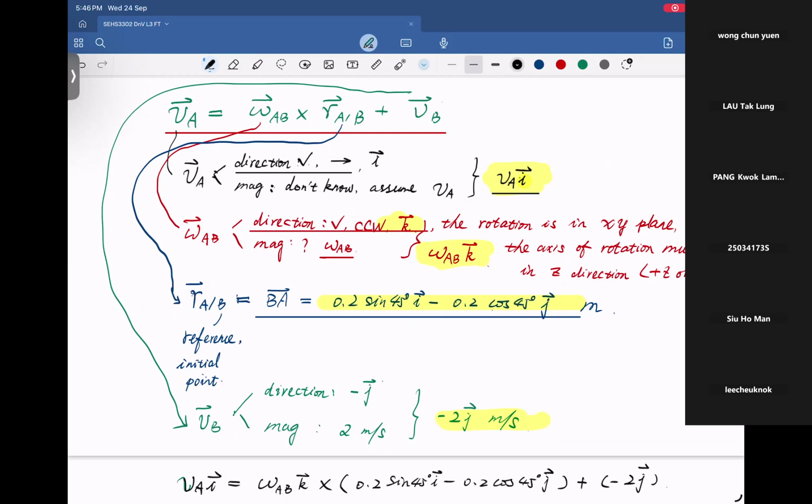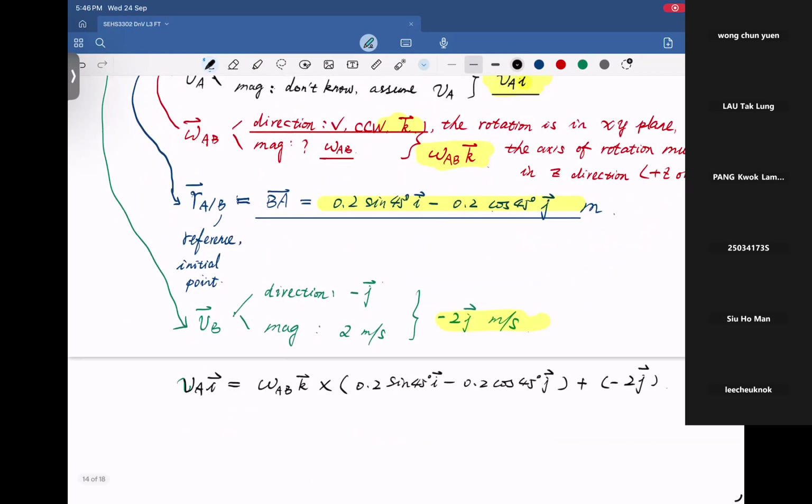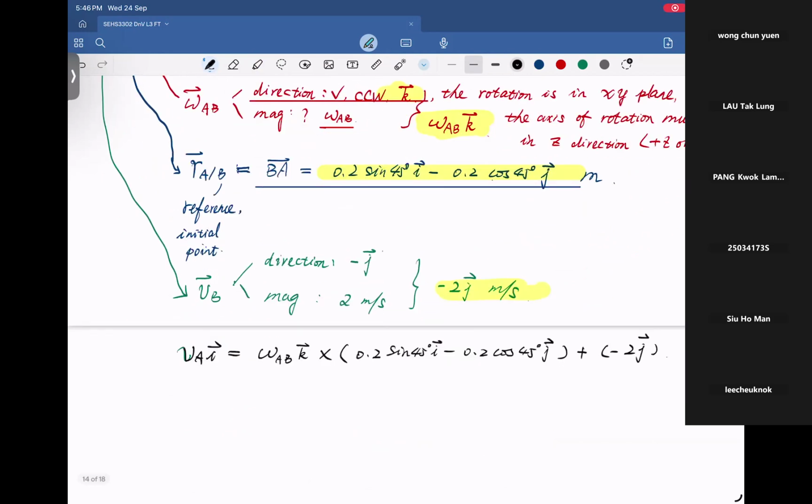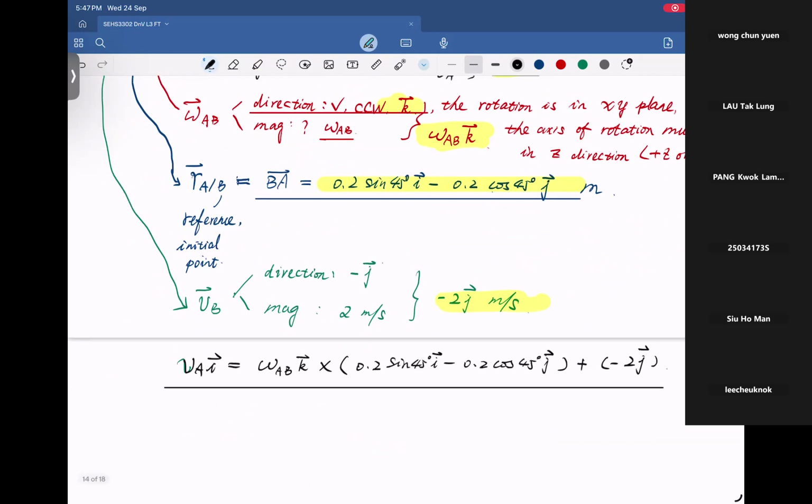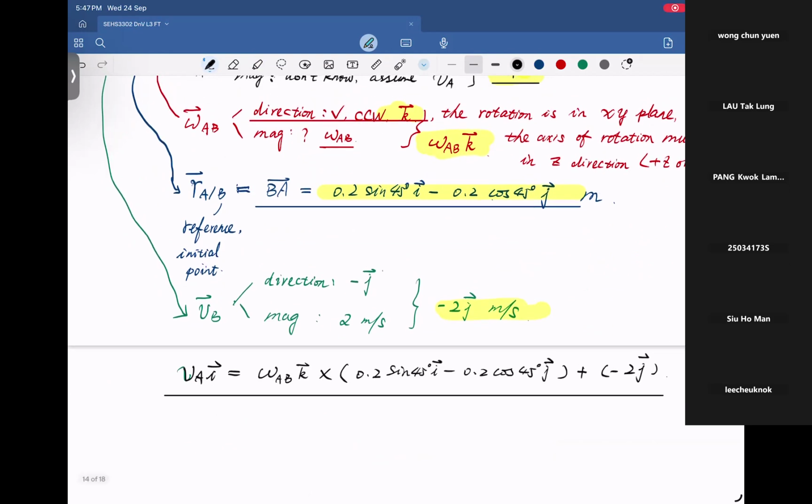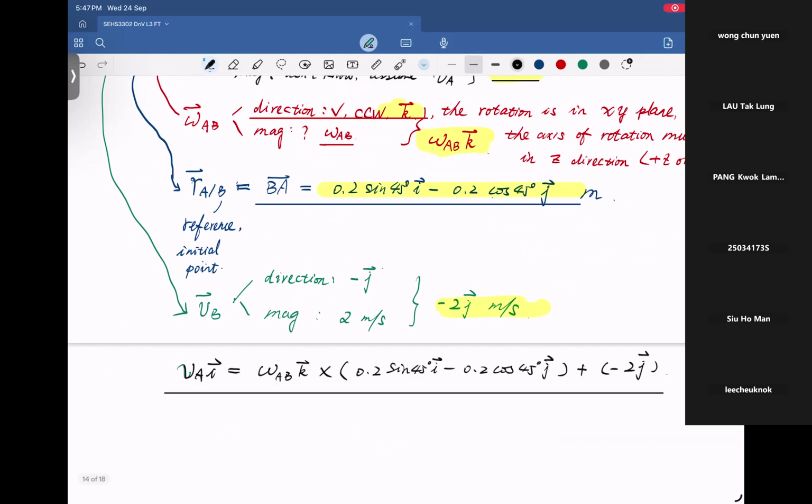We just neglect the unit because they are all SI, the international unit system. Then we solve this equation to find VA. So how to solve it?